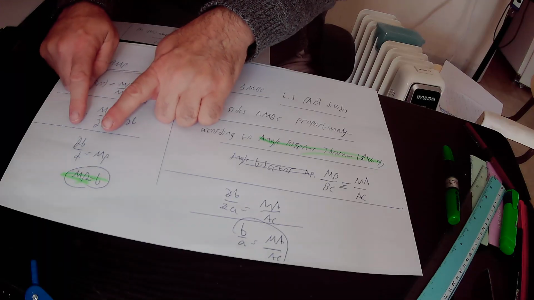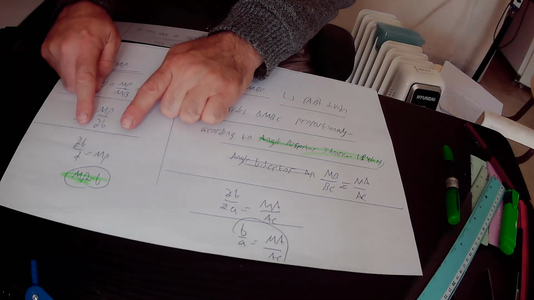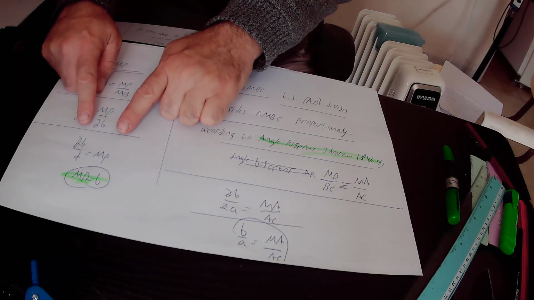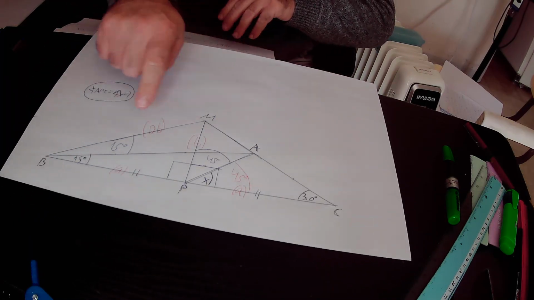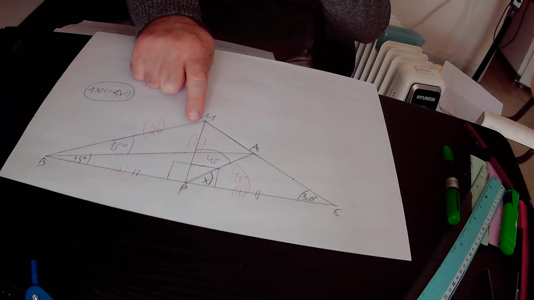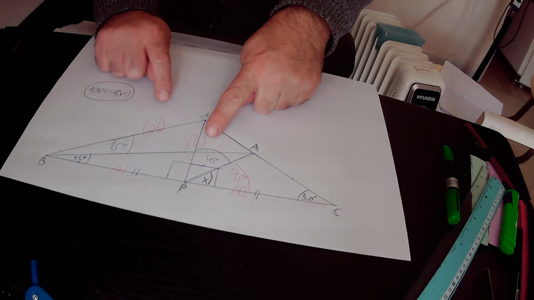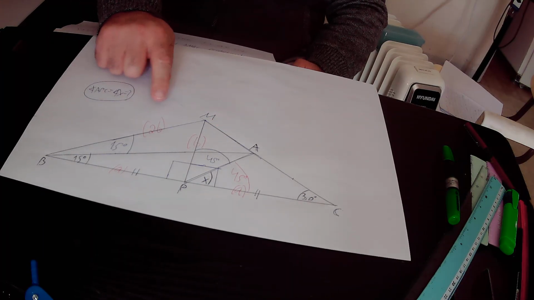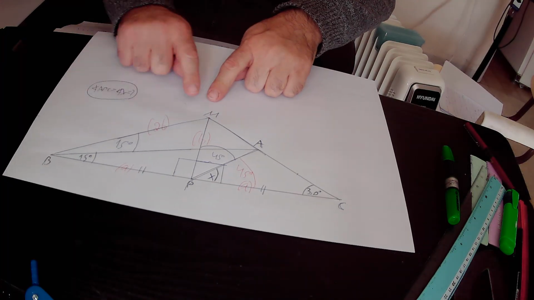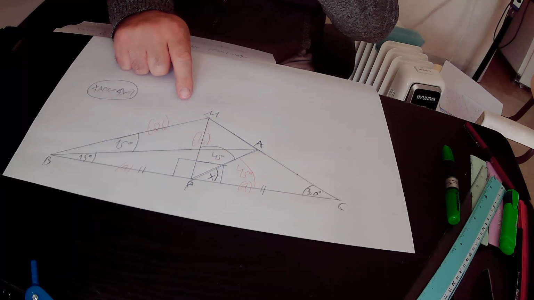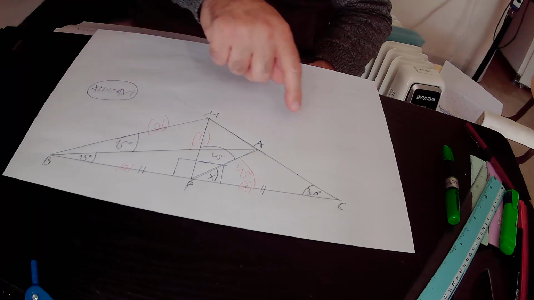We have 2 in the numerator and 2 in the denominator, so the 2 gets cancelled, and we are left with B. So in total, MP equals B. In conclusion, if MB equals 2B, then MP must be equal to B. Again, MB is twice as long as MP. In the next step, we focus on the big isosceles triangle.